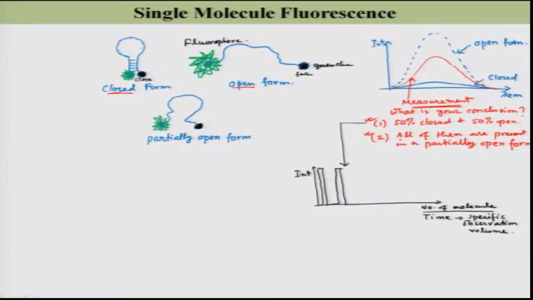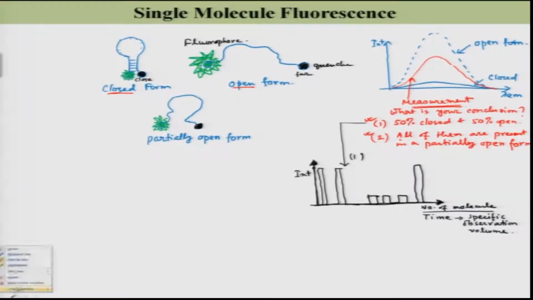When the third one enters, the fluorescence intensity is too low because it is in the closed form. The fourth one is like this, the fifth one like this, the sixth one probably like this, and so on. So, you will get this kind of fluorescence intensity versus time plot for this observation volume. So, this is for case 1.